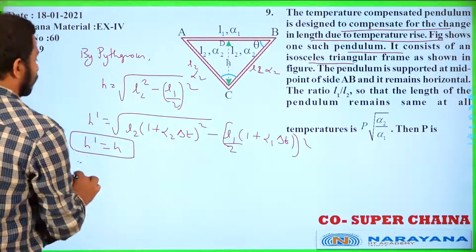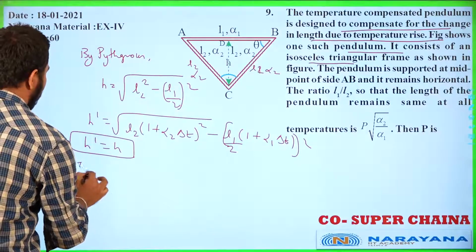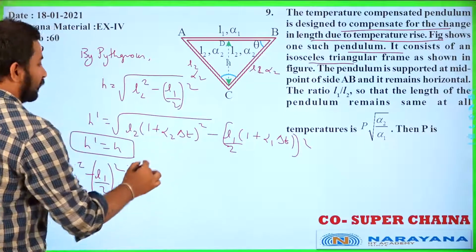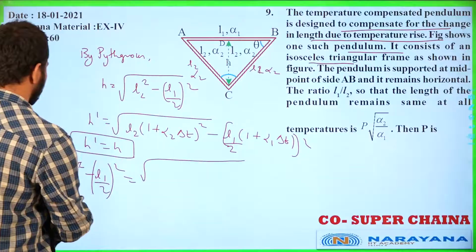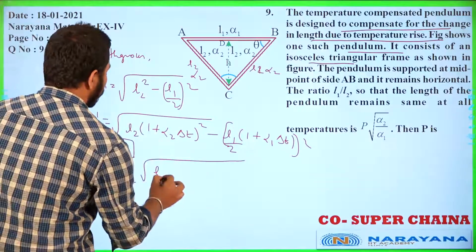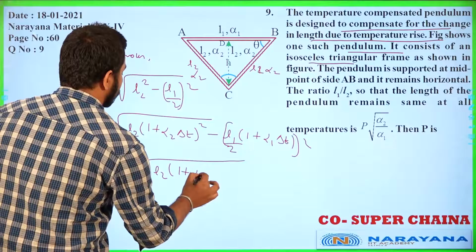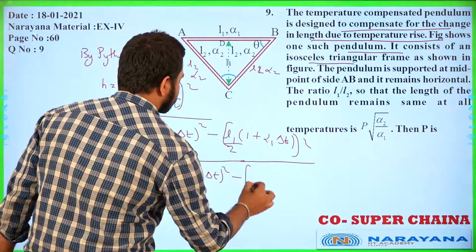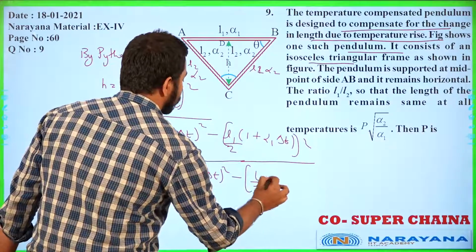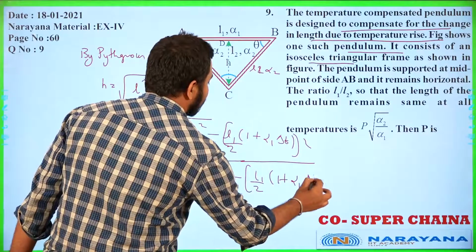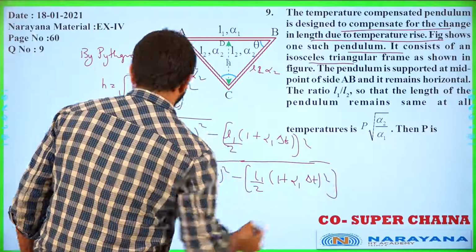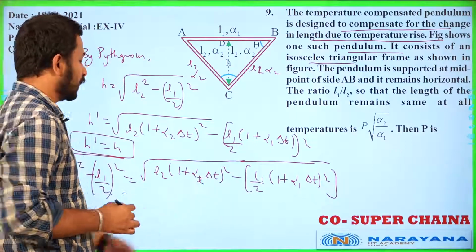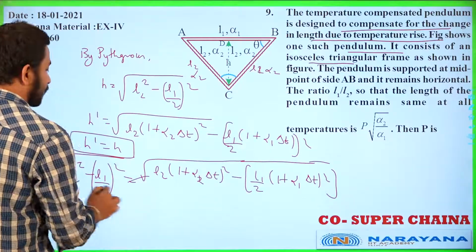So, I can write here L2 square minus L1 by 2 whole square will be nothing but L2 (1 plus alpha 2 delta T) whole square minus L1 by 2 (1 plus alpha 1 delta T) whole square, right? So this is for the expansion of this one. By using binomial we can write, this root will cancel out first of all.